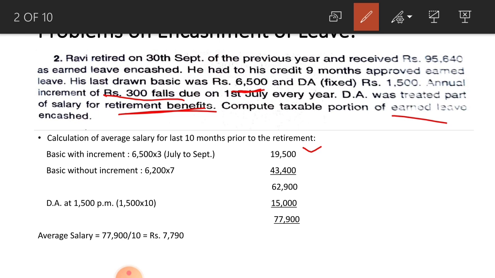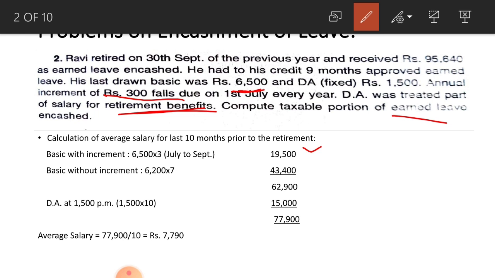Next, basic without increment, 6,200 into 7, that is before July, that amounts to 43,400, and DA at rupees 1,500 per month, that is for 10 months 15,000. The total of these things amounts to rupees 77,900, that is the salary for 10 months.